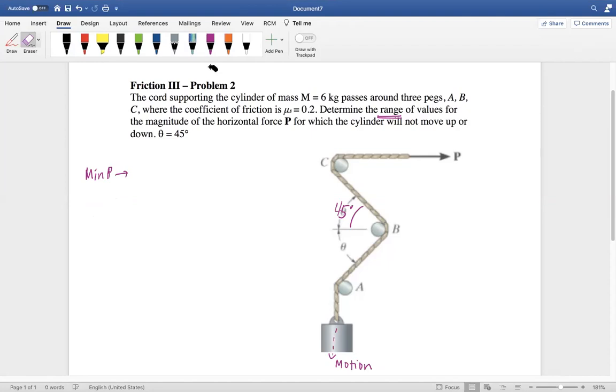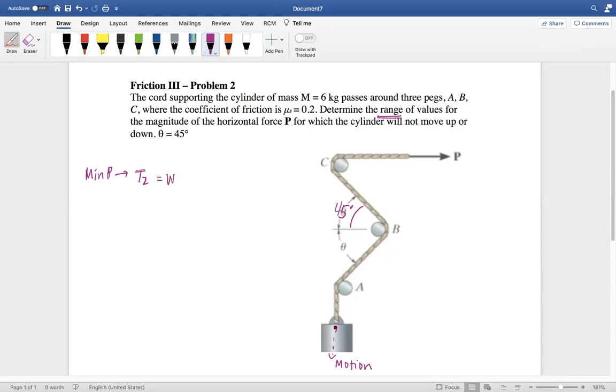So T2, here, let me erase this and I'll just do minimum in purple and then blue in. Okay, so your motion is T2, and what quantity would cause this block to fall down? Your options are the weight here or the P here. Anyone? So which would be T2 if you know that the motion is moving down? Would it be P or would it be the weight? So it would be the weight, right?